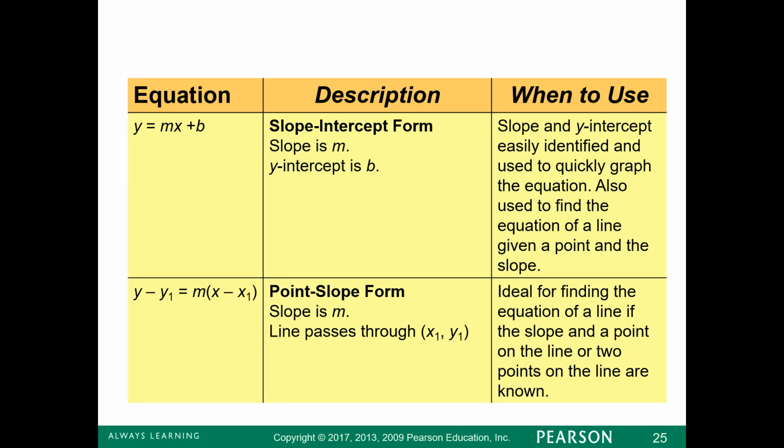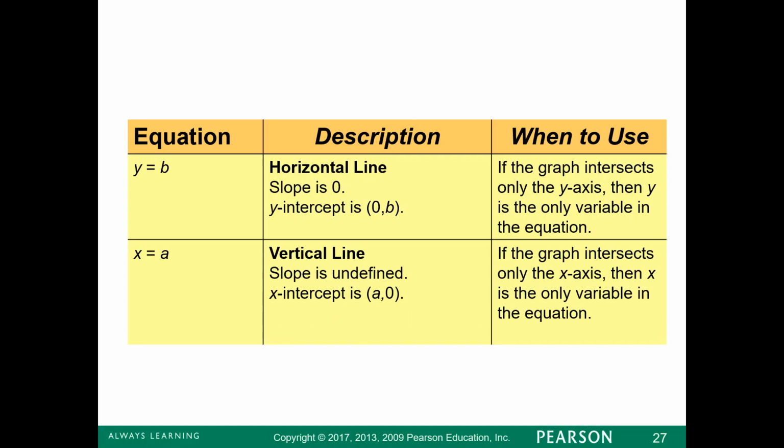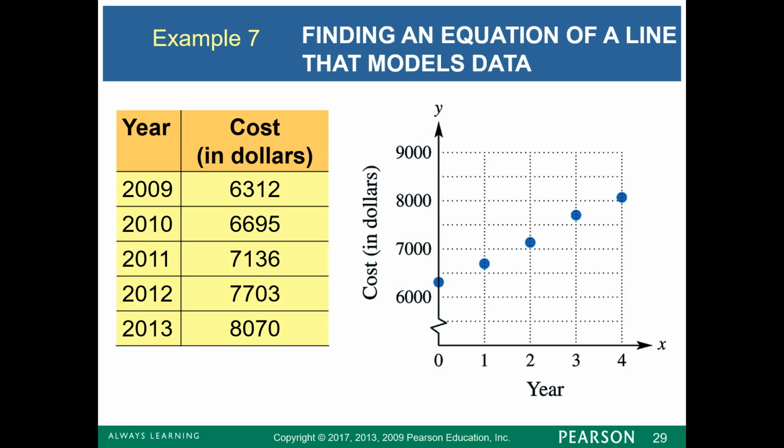And then you have the point-slope form: y minus y1 equals m times x minus x1. And you have the equation in standard form, right? And this is the horizontal line y equals b, vertical line x equals a. And now you can do that on your own, right?